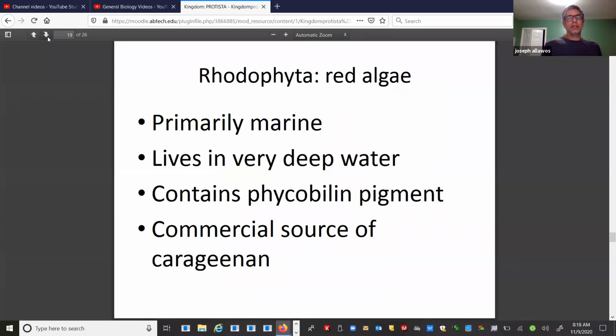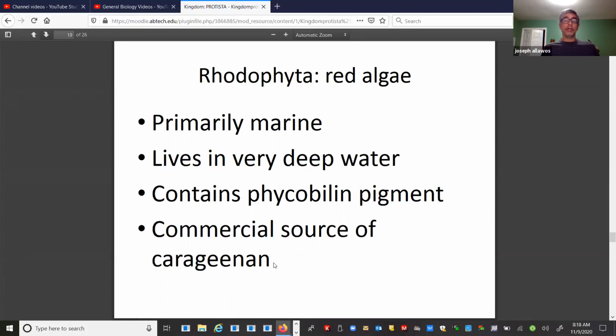I don't think the reds are on your list, but we'll just very briefly, they're called the red algae. They contain this pigment called phycobilin, which is a red pigment. It allows them to photosynthesize in very deep, dark water, so in very low light. And the most important thing I can tell you about the reds is they're a commercial source of this stuff called carrageenan.